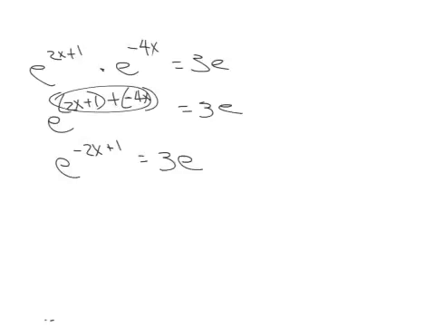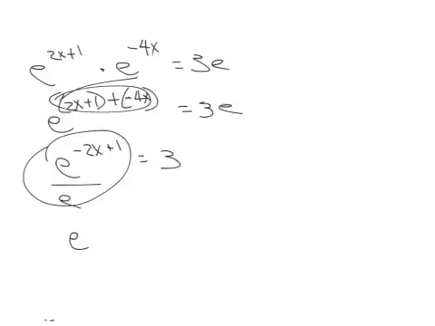Okay, so let's see, what are we going to do here? Oh, let's divide both sides by e. Get rid of that. Alright, so when I got rid of that, let me put my 3 back there. What does it mean when you divide? We have e, just like up here, when you multiplied, you added. When you divide, you subtract.